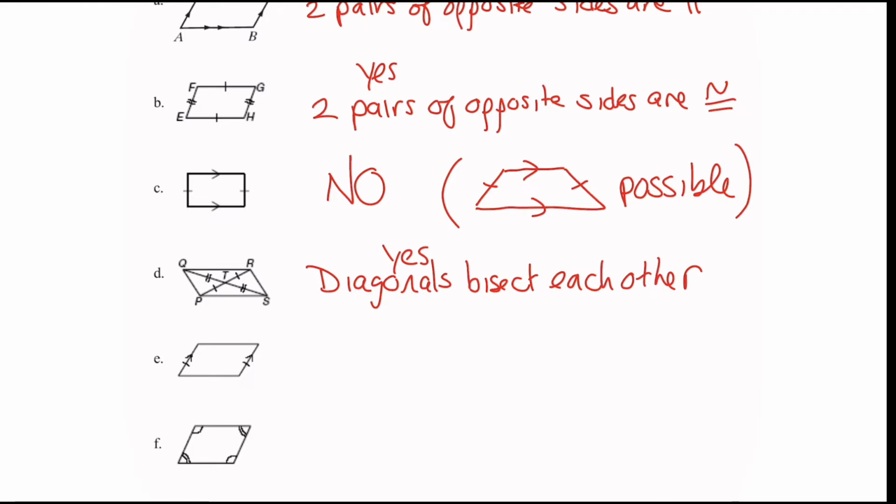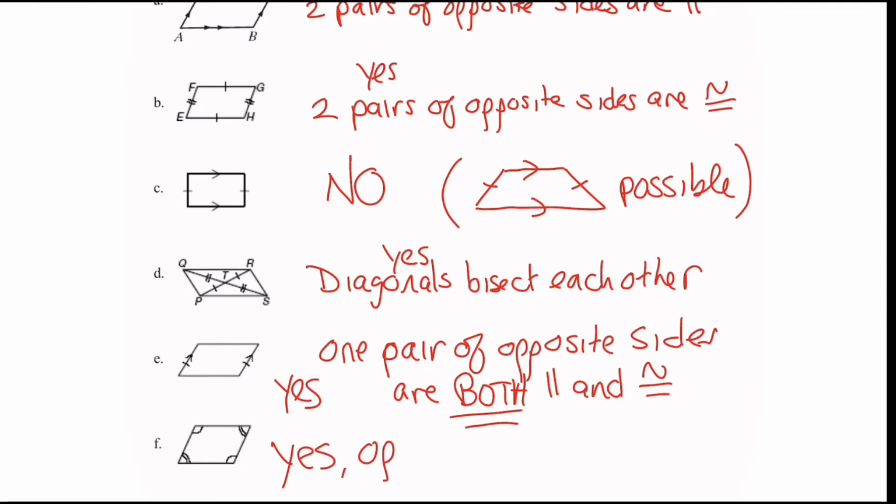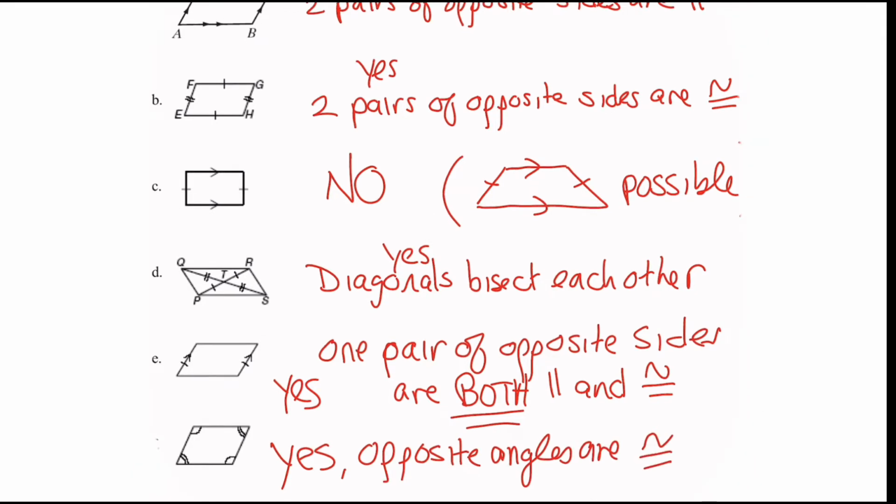If I show that in the next one, one pair of opposite sides are both underlined, parallel and congruent, then the answer is yes. And finally, yes, because opposite angles are congruent.